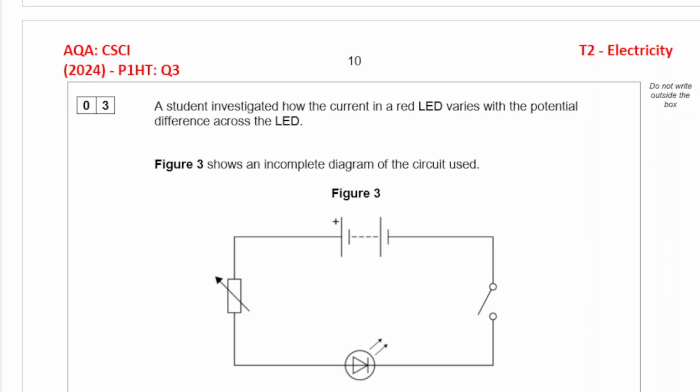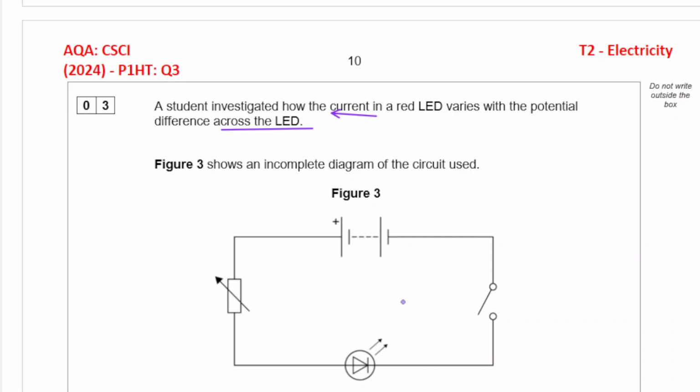A student investigated how the current in a red LED varies with the potential difference across the LED.